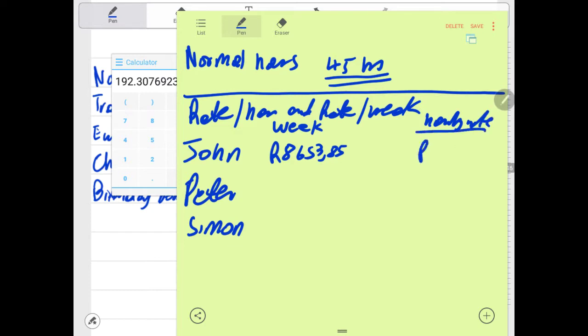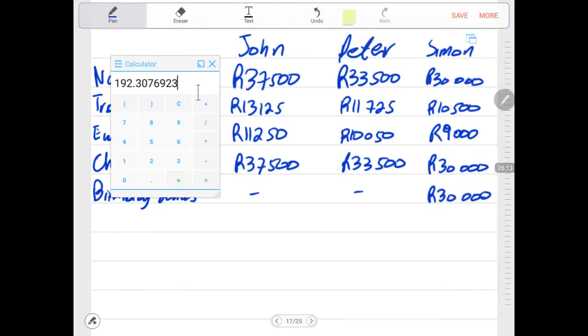The hourly rate is 192 rand 31 cents, or 192.308. Then we come to the second executive, who earns 402,000 for the full year.